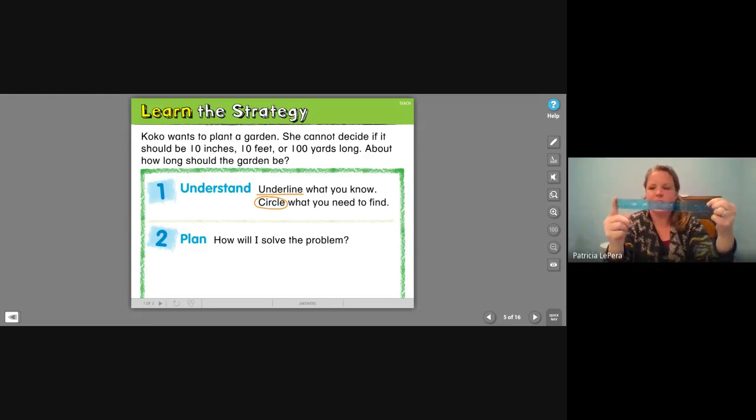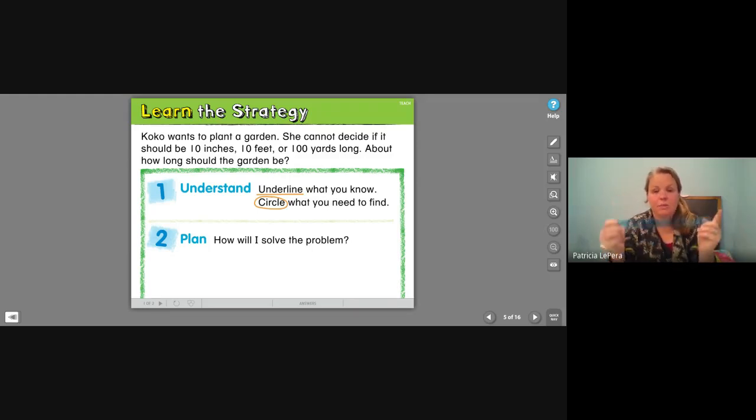Okay, so this would be 10 inches from my finger to where my finger is resting here. 10 inches. So think to yourself, logical reasoning. Would this be a good length for a garden? How much could you plant in 10 inches? Not very much. Let's go to 10 feet.